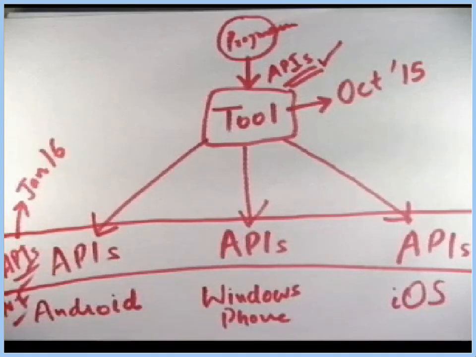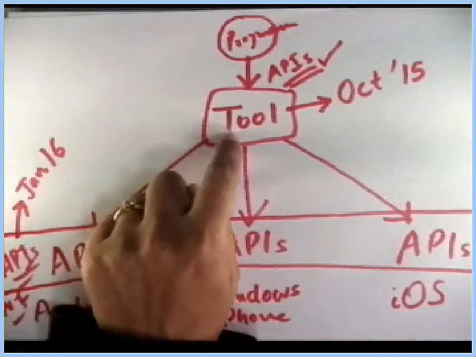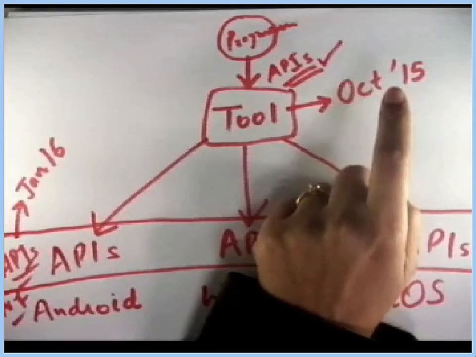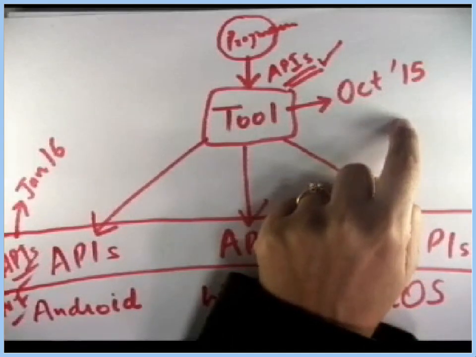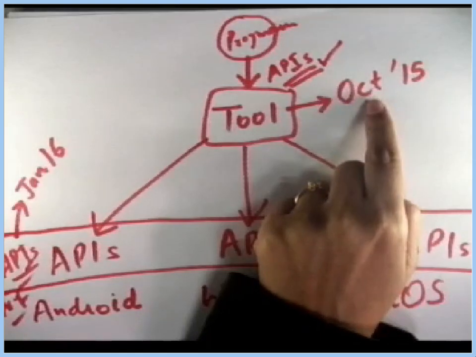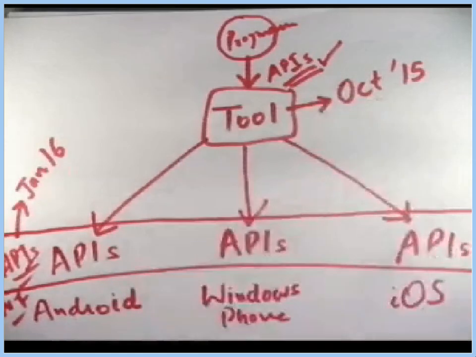And if you have to use that feature, then you have to wait for the update of that tool. So let's say this tool will now be updated in March 2016. So till March 2016, you cannot update your app. You will be able to update your app only after this tool gets updated. Okay, is that clear?